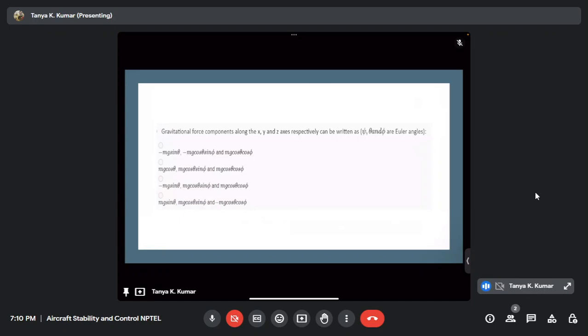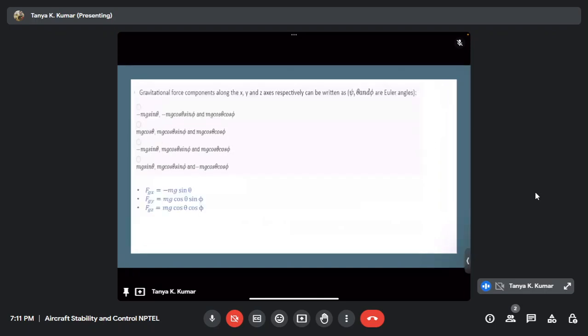Refer to your notes; the previous slides in fact had these values. So these were the Fx, Fy, Fz components of the gravitational force, right? Now tell me which one is the right answer.